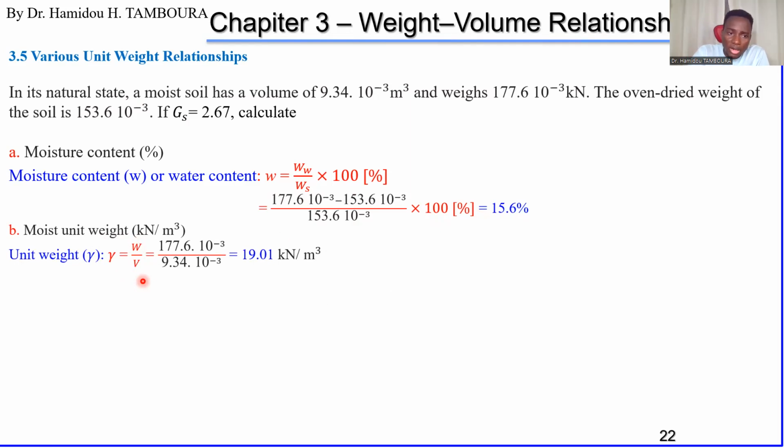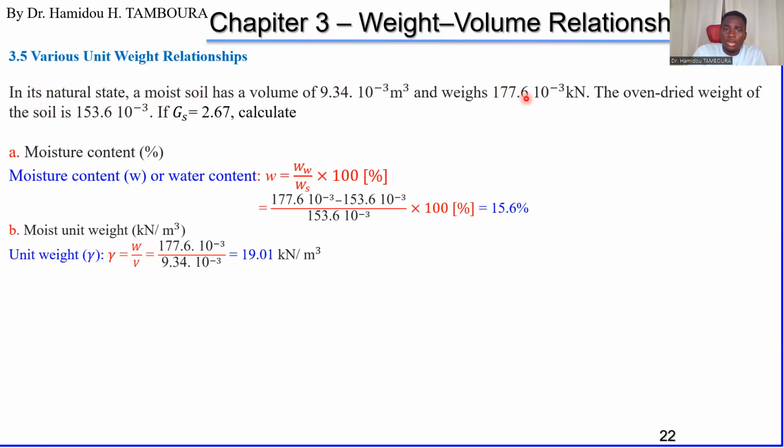We are asked to find the wet unit weight, so we have to consider the wet weight and the wet volume. It says here that the moist soil has this volume and this weight.